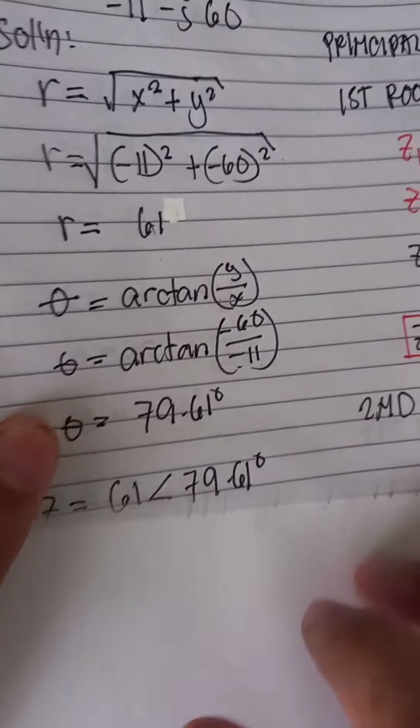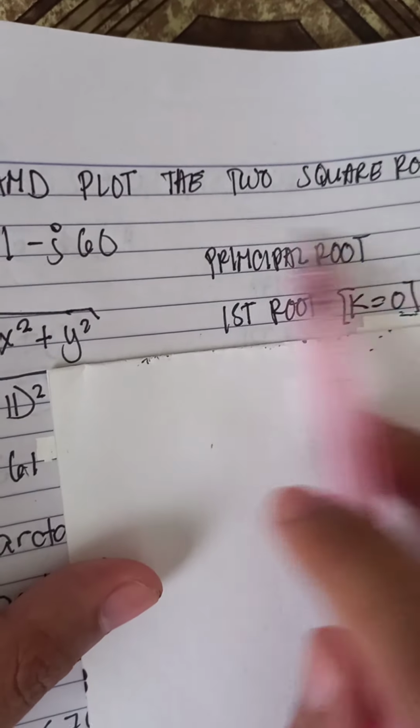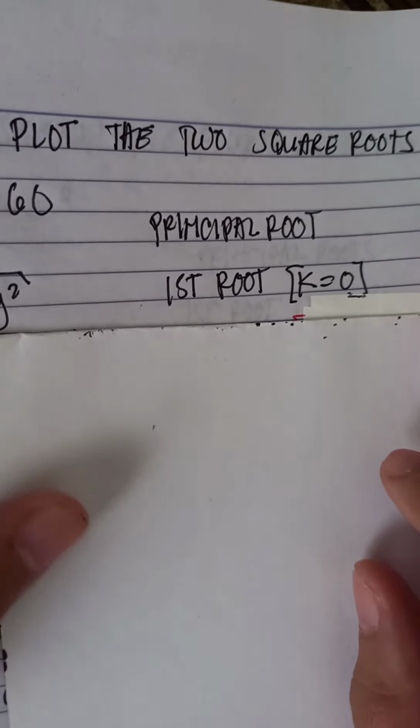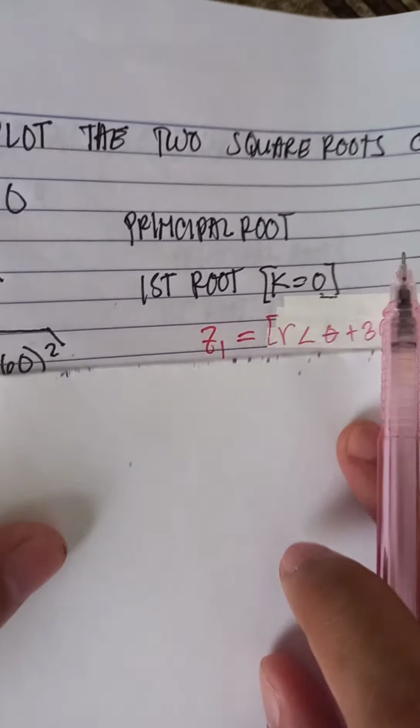So the next step is we have to get the principal root so that we can plot this in the Argand diagram. The first root is k equal to 0.